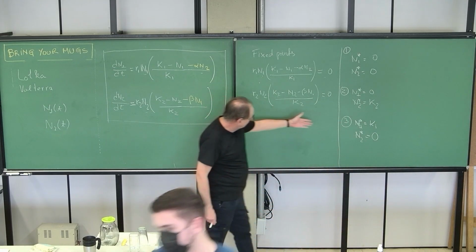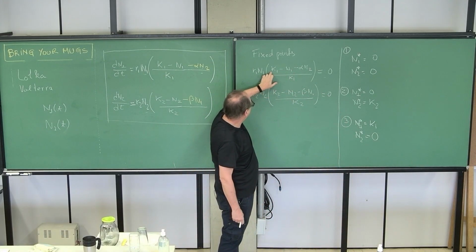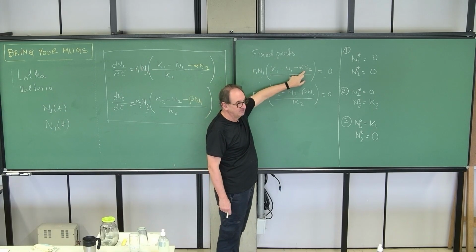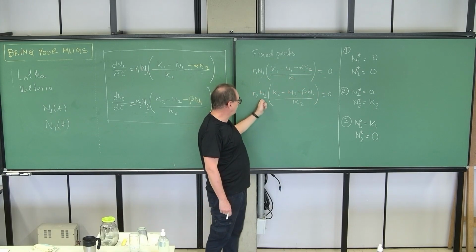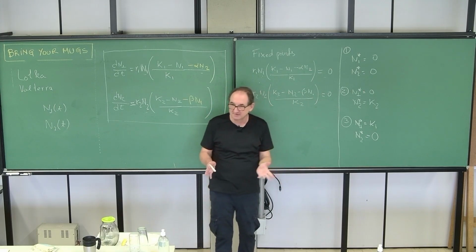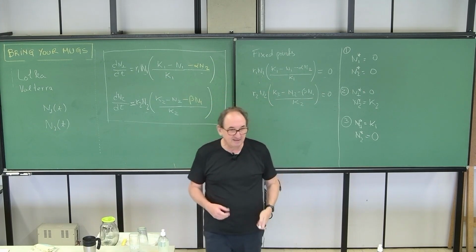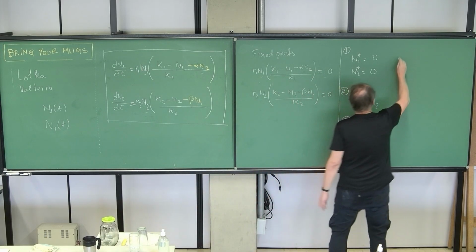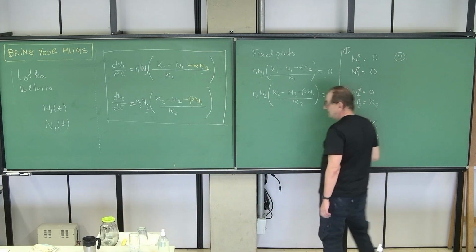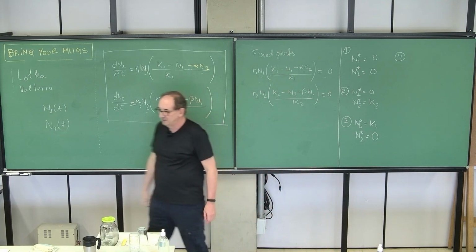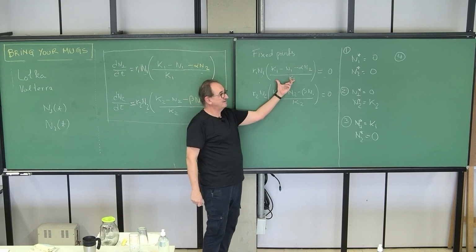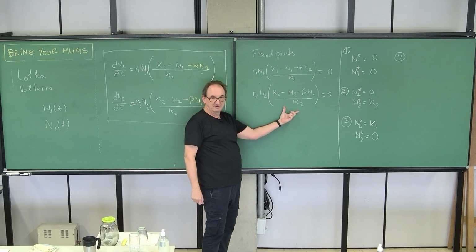You go here and say K1 minus K1 is 0, minus 0 is 0, and N2 is 0, then this is also 0, therefore this is a solution. And then there's a fourth possibility, which is none of them is 0, and this parenthesis here is equal to 0, and this one is also equal to 0.